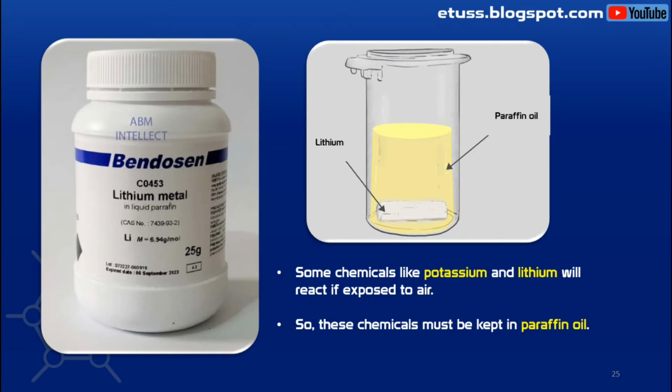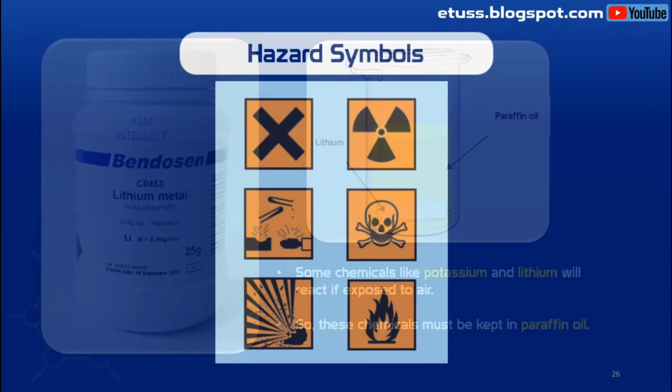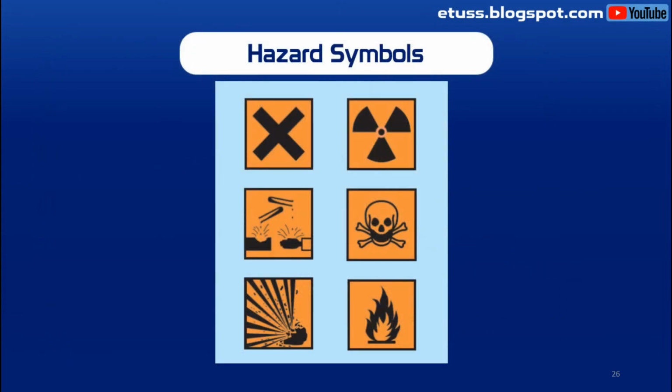So, this chemical must be kept in paraffin oil as shown in this picture. In the lab, we can find many types of hazard symbols that must be understood. This time, you will learn 6 types of hazard symbols. Well, let's look at them one by one.